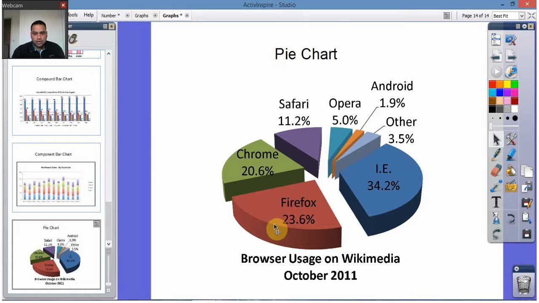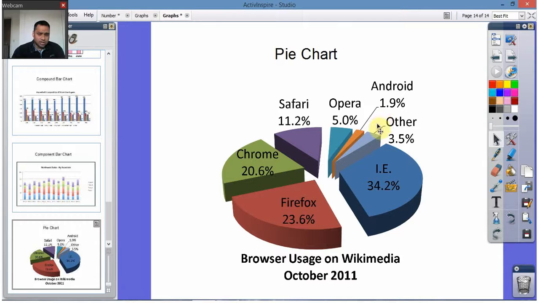It owns 23%. Sorry, 23.6% of all internet users use Firefox. This is obviously in October 2011. I think it's probably changed now. Chrome 20.6. Internet Explorer 34.2. Opera quite low. Android quite low.